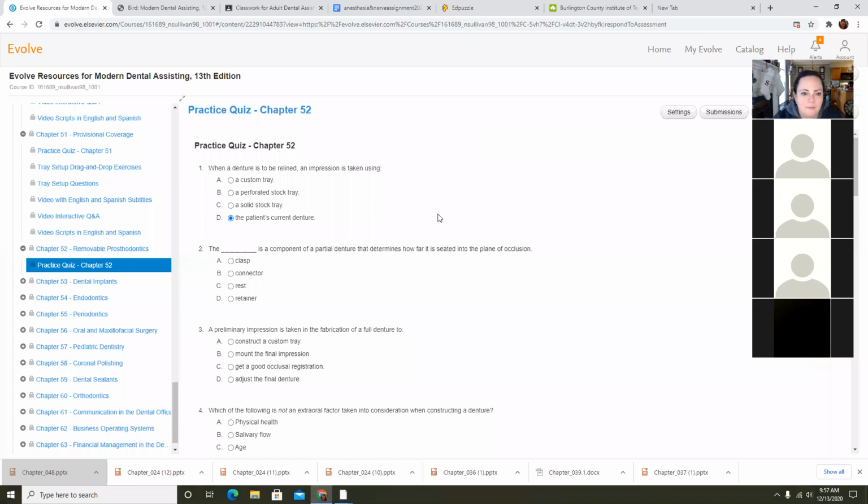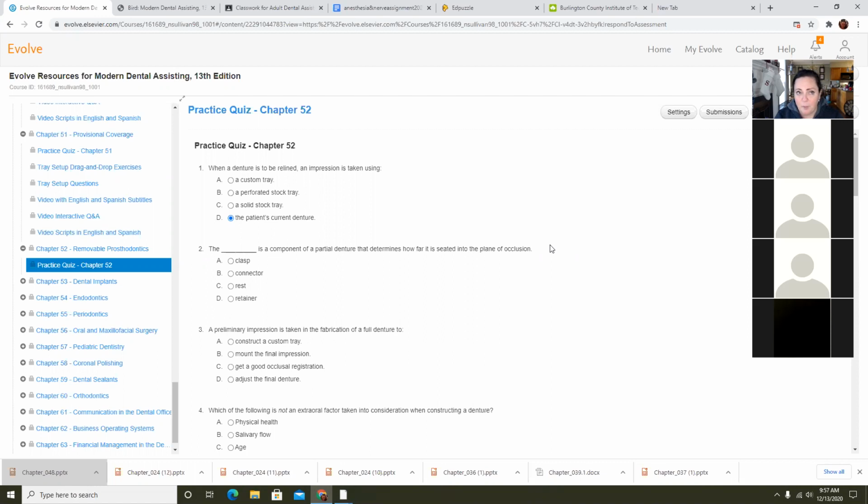Okay. The blank is a component of a partial denture that determines how far it is seated into the plane of occlusion. First off, what is a partial denture? It replaces all of the teeth?